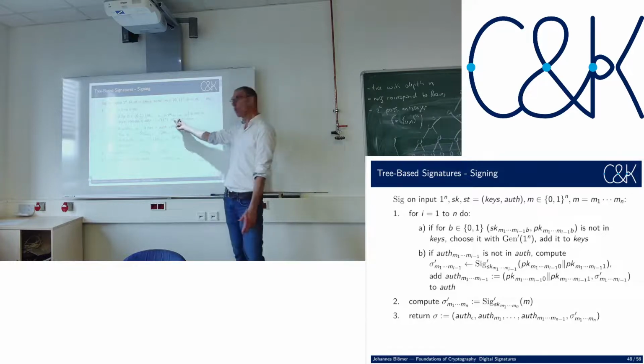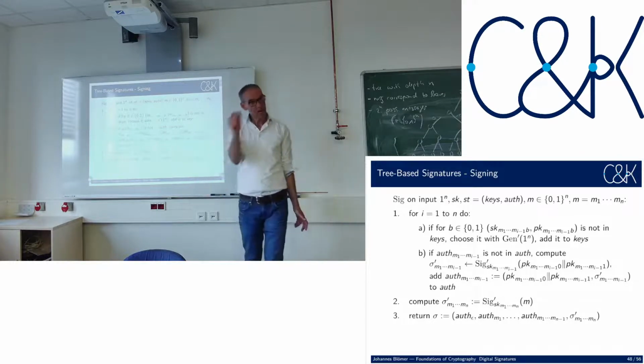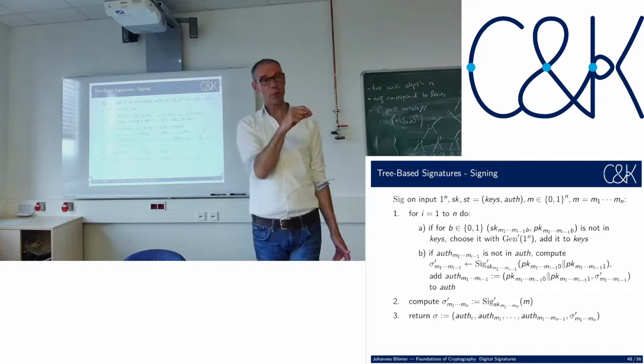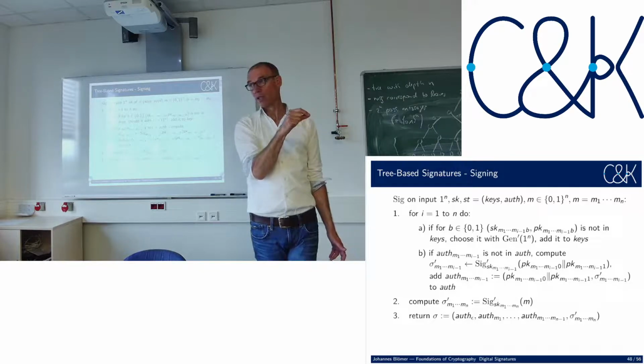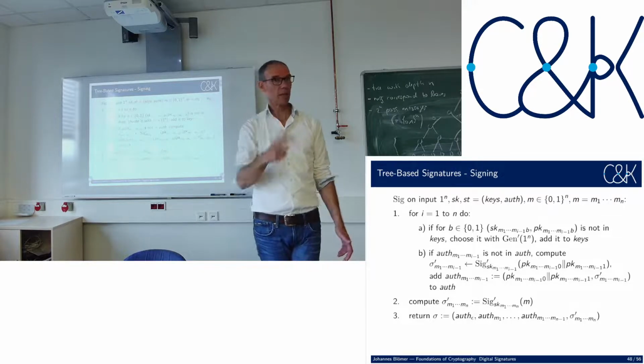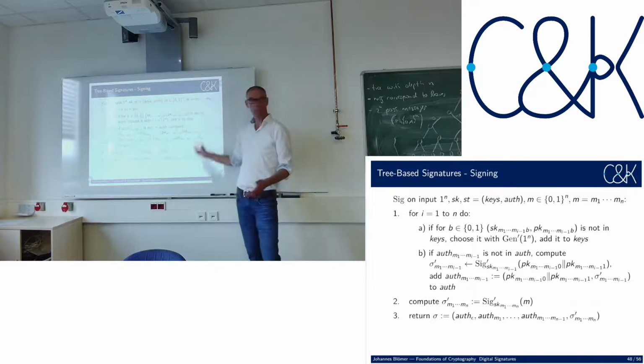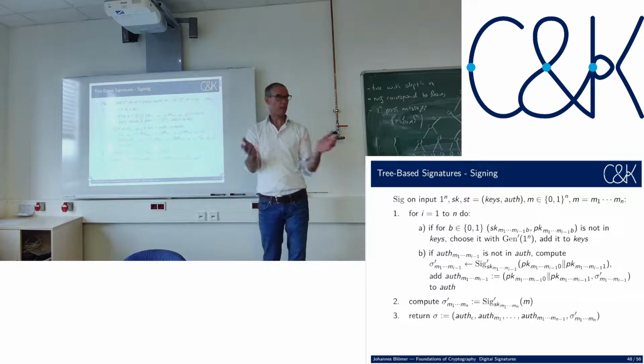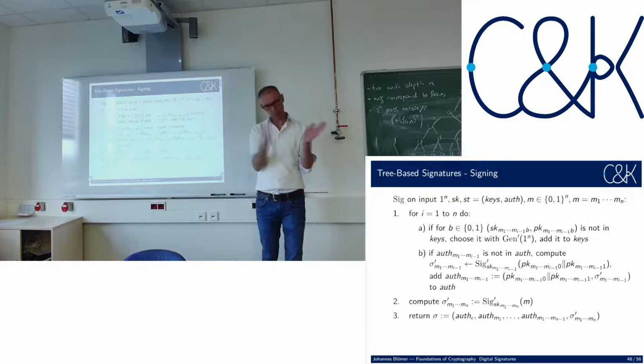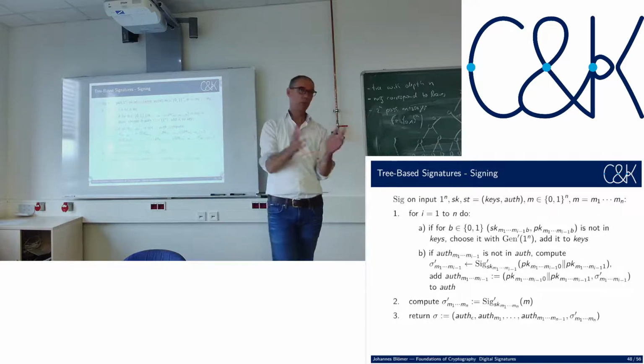If I just remembered the randomness instead of the key, that would be good enough, because then I start my key generation algorithm with that randomness, and since it's deterministic, it reproduces this key.